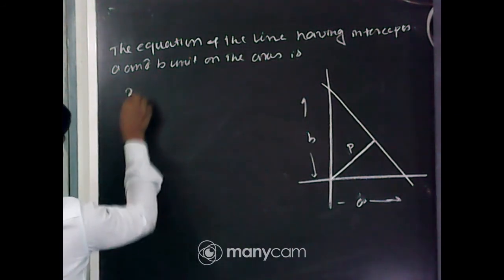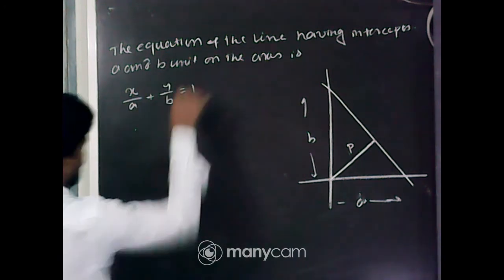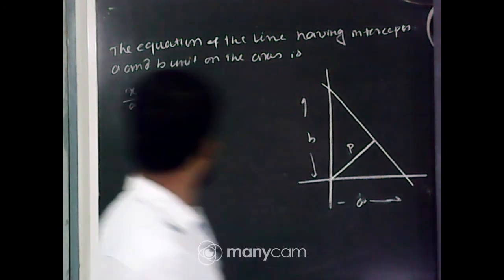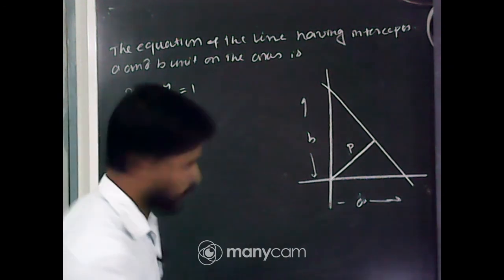The equation is x by A plus y by B is equal to 1. I think this is a very well known formula. This is called the intercept form of a straight line.